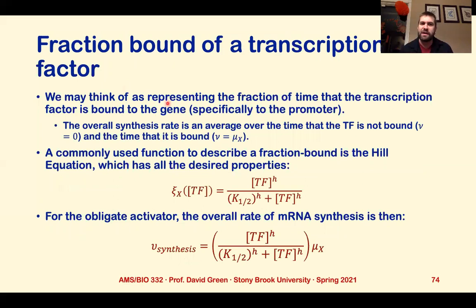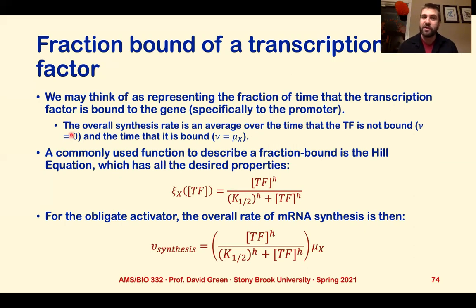We may think of this psi x function as representing the fraction of the time that the transcription factor is actually bound to the gene, actually physically associated with the gene. Why might we do this? Well, we might think about the overall synthesis rate. Imagine that the gene can be in two states. The gene can either have the transcription factor present, or it can not have the transcription factor present. When it's not bound, the rate of the synthesis is 0.